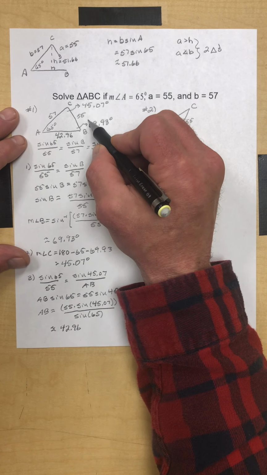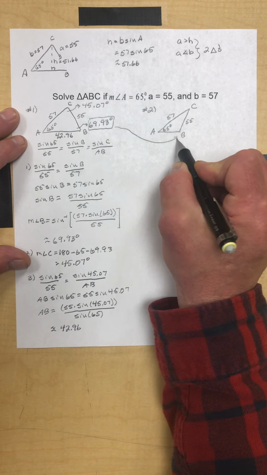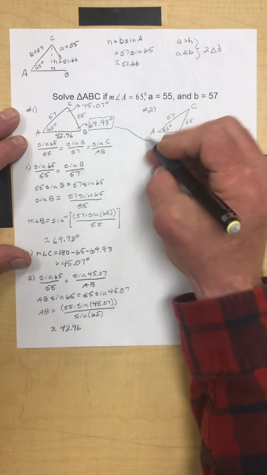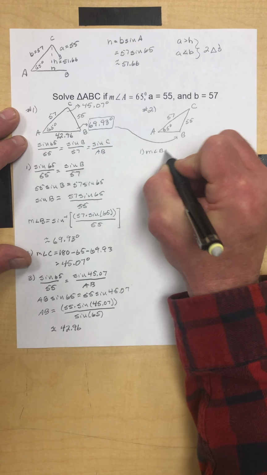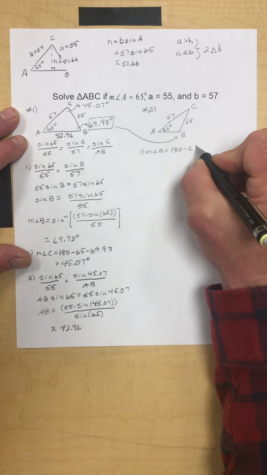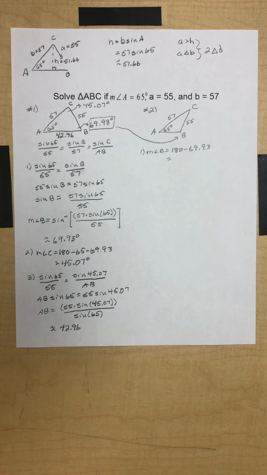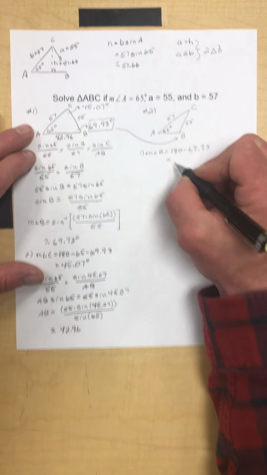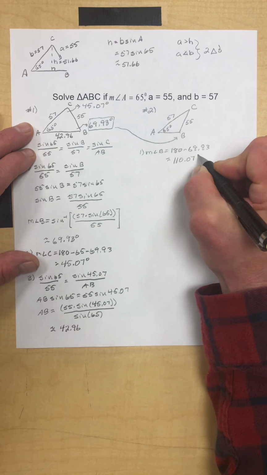Remember, this angle B here and this angle B here have to be supplementary. So over here, to find the measure of this angle B, we go 180 minus the measure of this angle B, 69.93. 180 minus 69.93, and I'm getting 110.07 degrees.